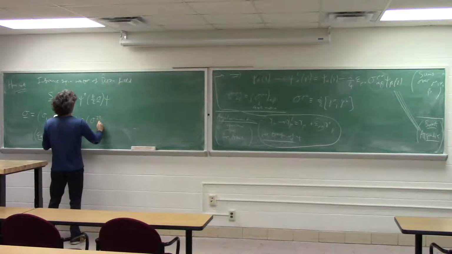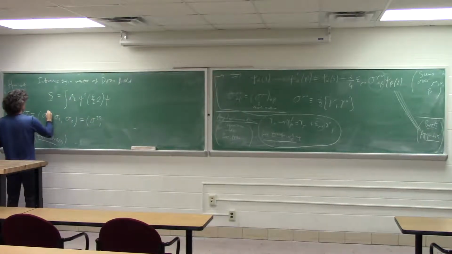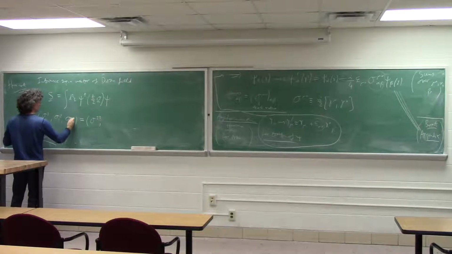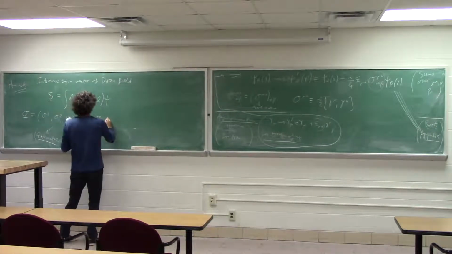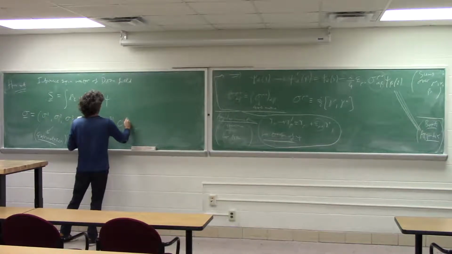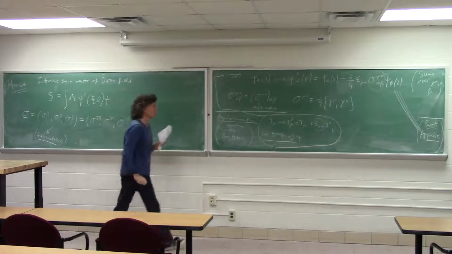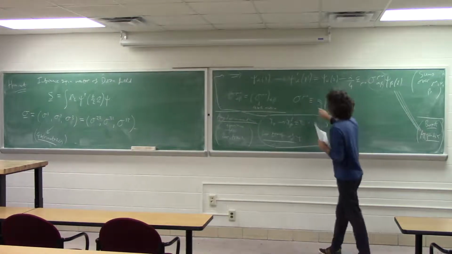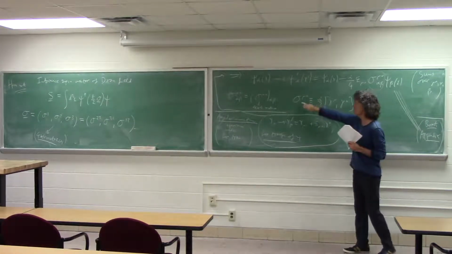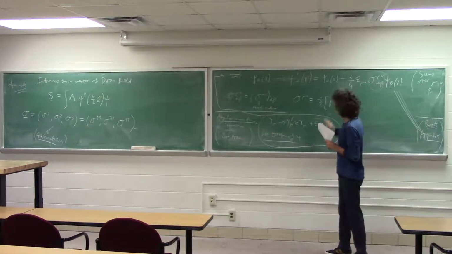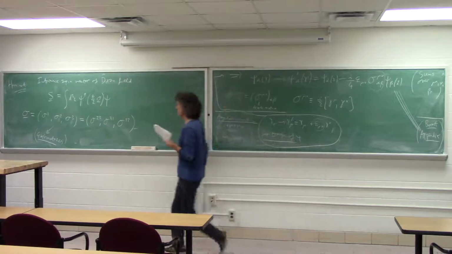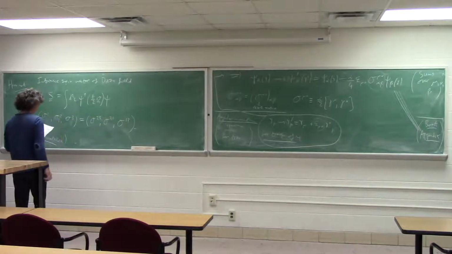Sigma 2 3, sigma 3 1, sigma 1 2, maybe I should write these with an upstairs index. These are the appropriate components, 4 by 4 matrices that come from commutators of Dirac matrices.